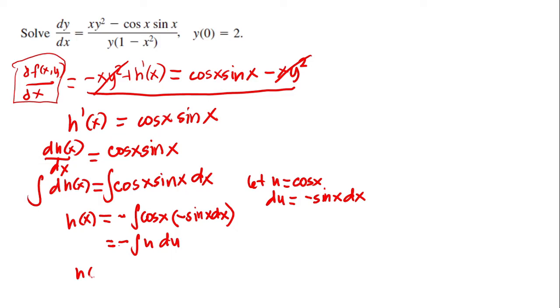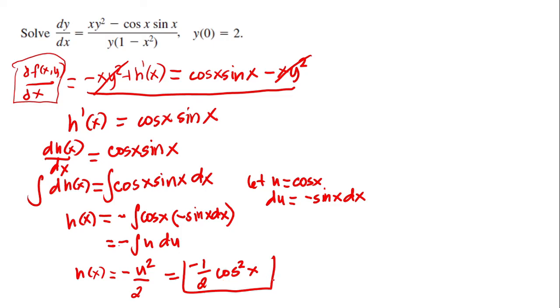So our h of x is equal to negative u squared over 2. Then we substitute back our u. We have negative 1/2 cosine squared x. So the value of our h of x is negative 1/2 cosine squared x.